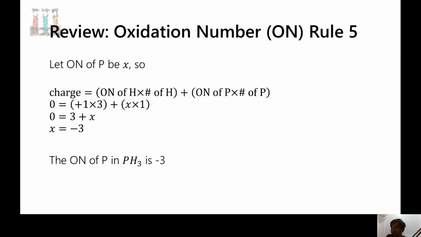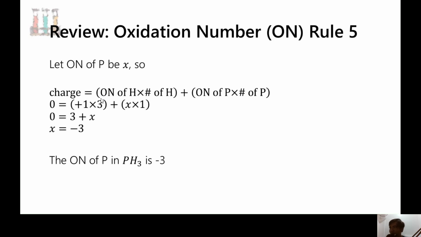To do that, this is our equation. Charge equals the oxidation number of hydrogen times the number of hydrogen atoms, i-plus natin yan sa oxidation number of phosphorus times the number of phosphorus atoms. Since we do not know the oxidation number of phosphorus, we will let that as X.